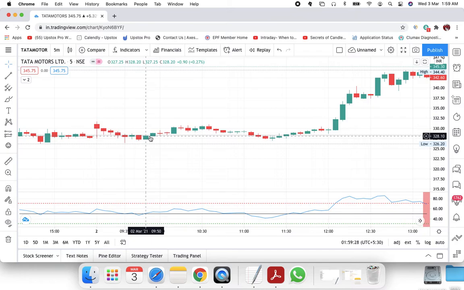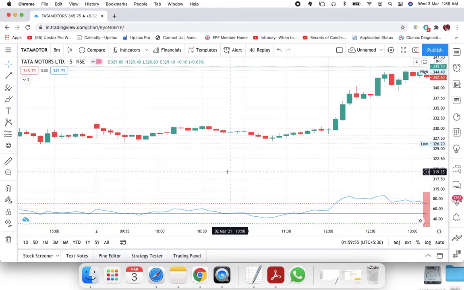So this is how the candlestick will help us to decide the entry point, exit point, and then stop loss. And also it indicates who is active in the market.